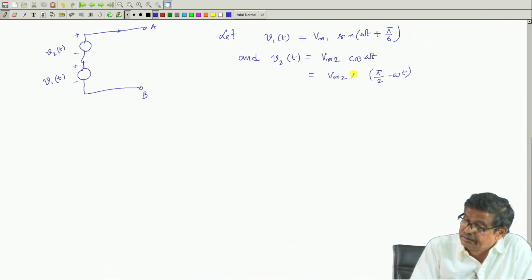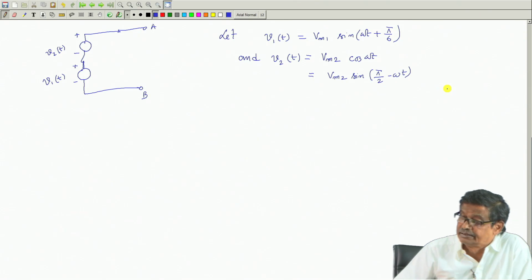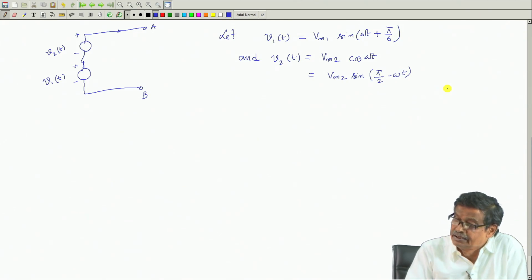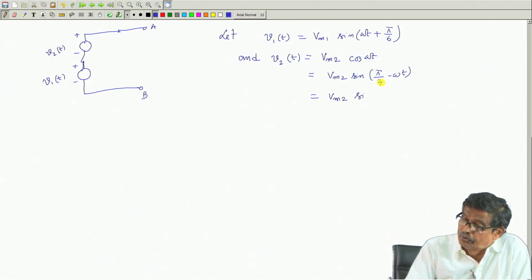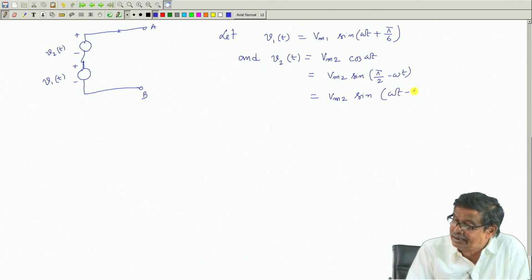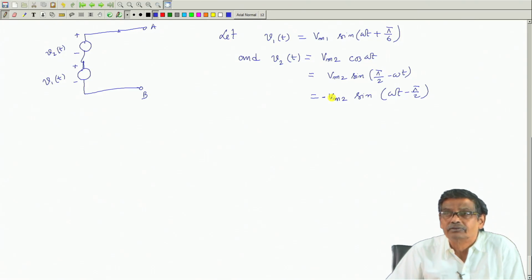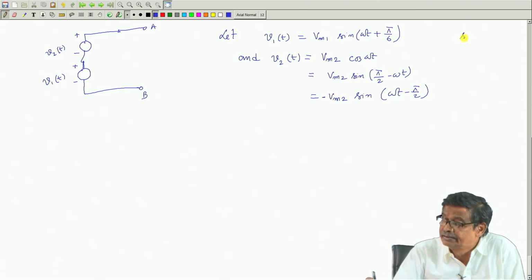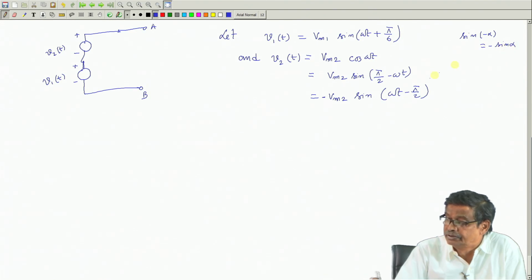This can be written as sin(omega t minus 90 degrees), because sine of minus alpha is equal to minus sine alpha, we know this.